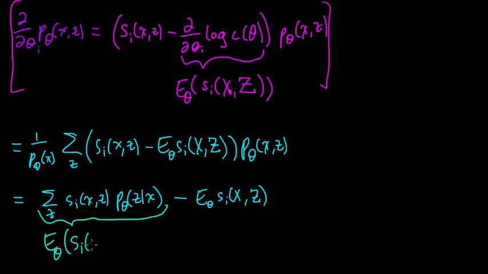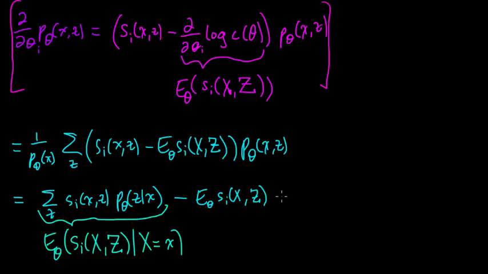Now it's just little x and capital Z. Let me put capital X, because we're going to condition on x. So this is the conditional expectation of this given that capital X equals little x. This is the formula for a conditional expectation when you have a discrete random variable.